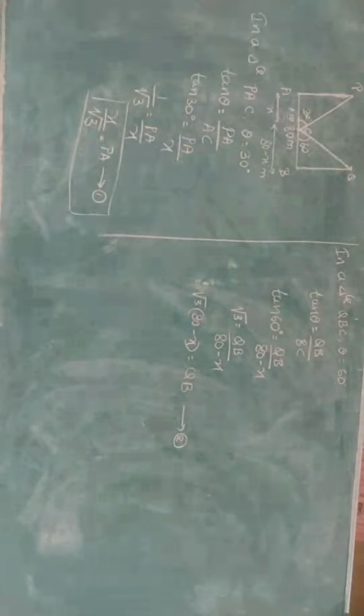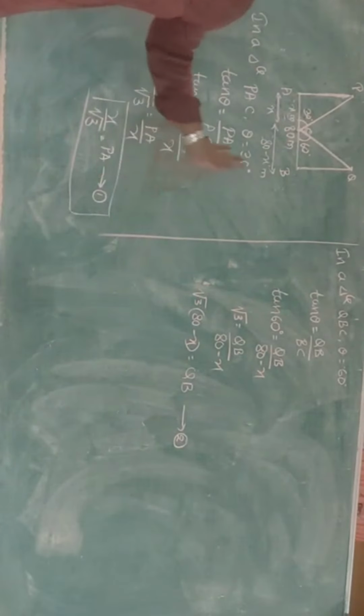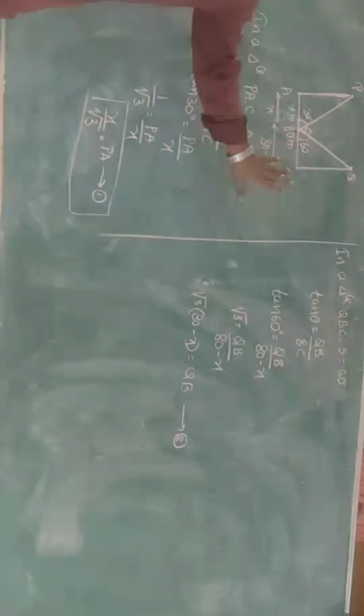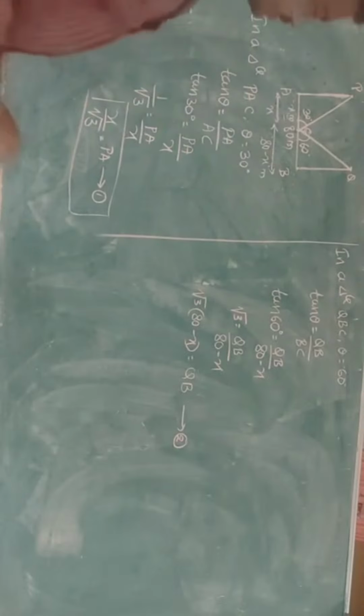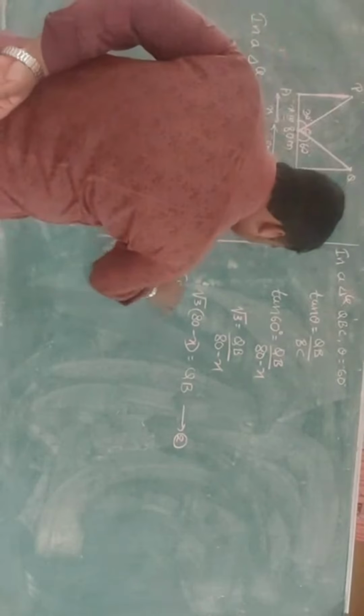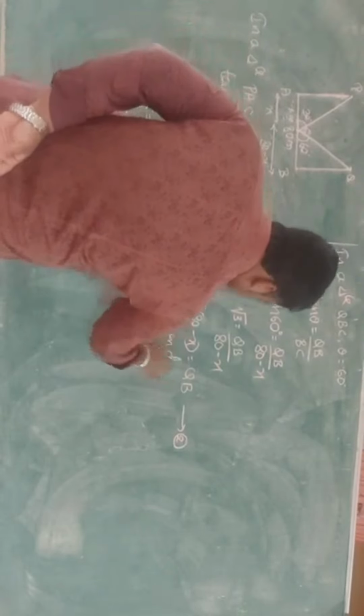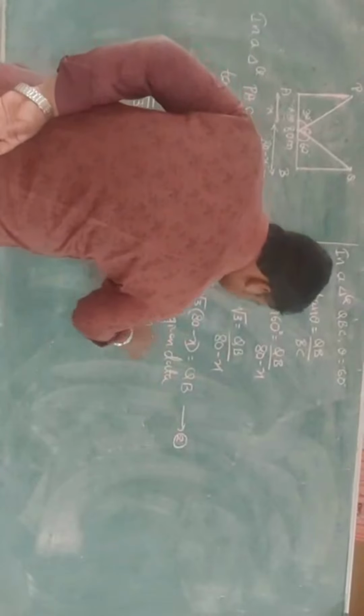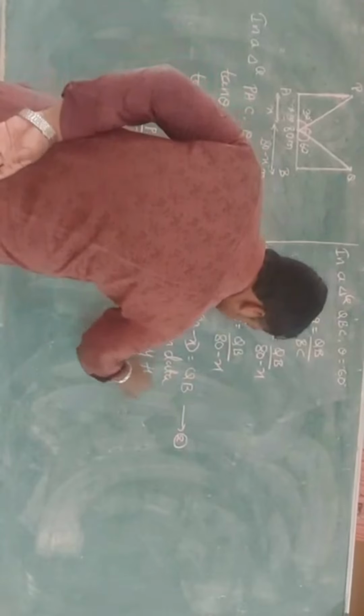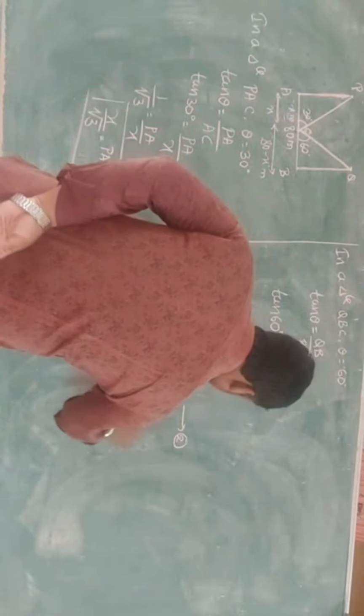Okay. See what is given in the question. Both the poles are the same height, equal heights. Correct. So from given data, we can say that PA is equal to QB. Here it is PA and here it is QB.